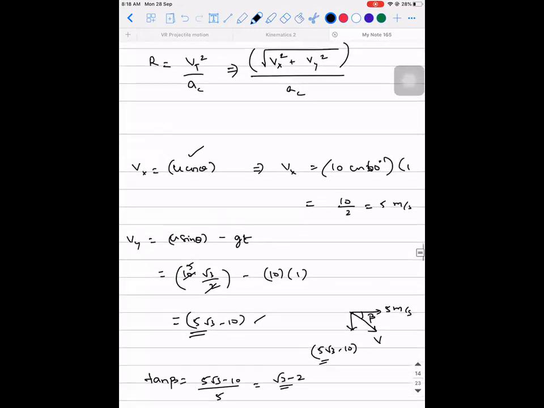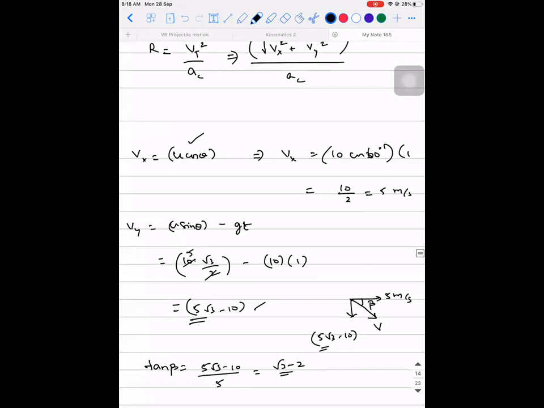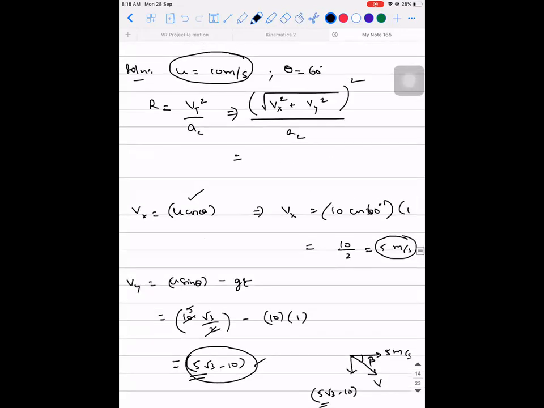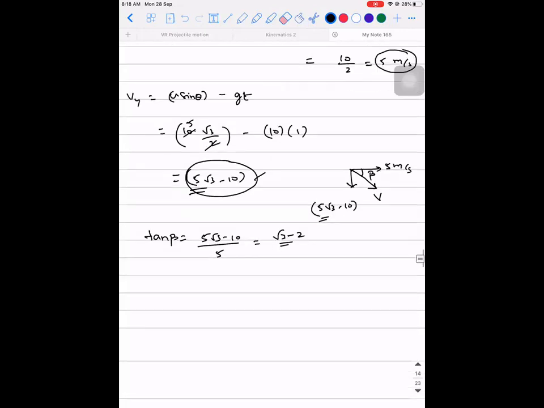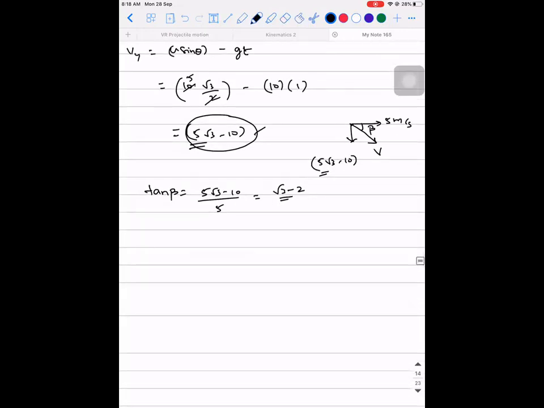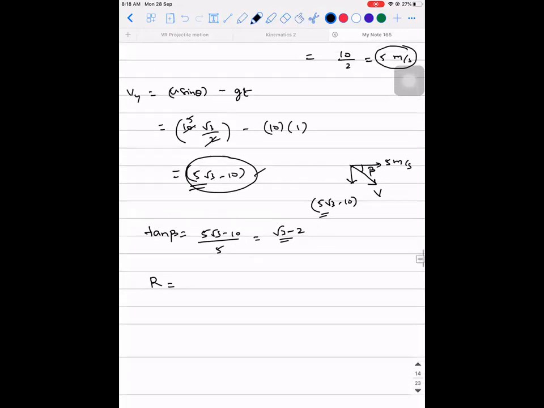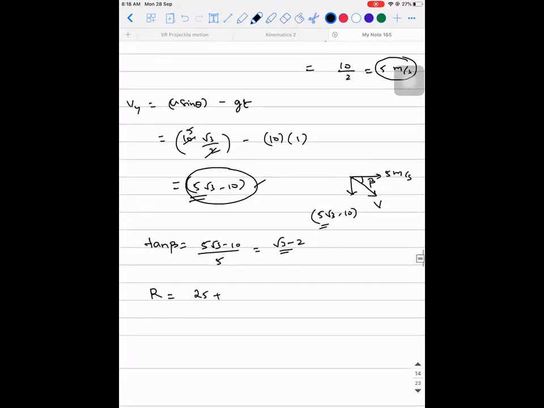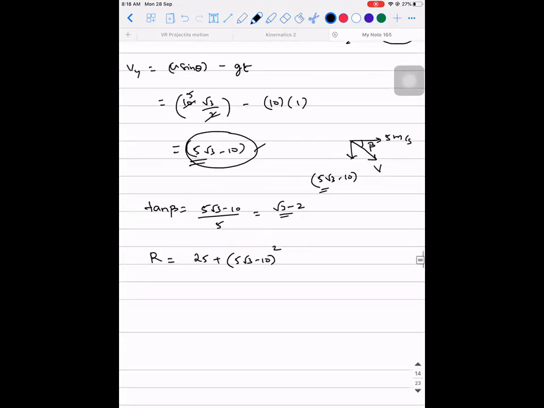For Vt square, it is Vx square plus Vy square, which is 25 plus the square of 5 root 3 minus 10. So R will be equal to 25 plus (5 root 3 minus 10) whole square, divided by ac.